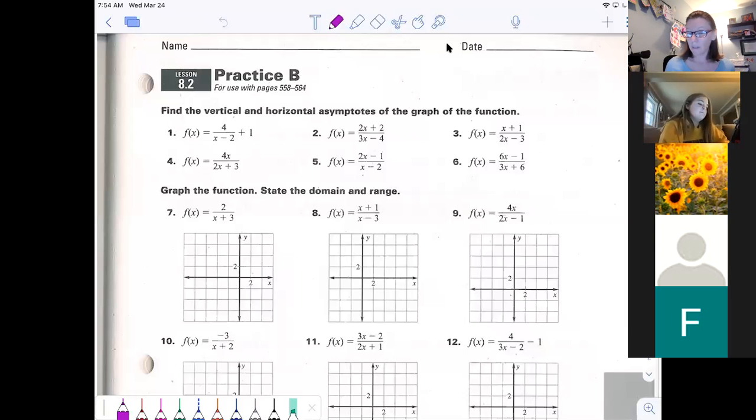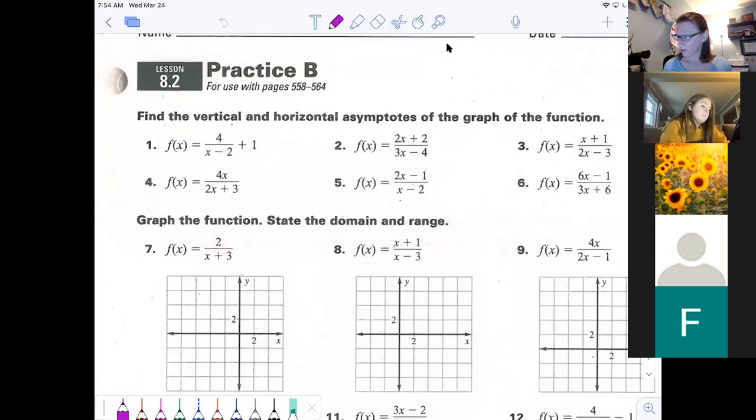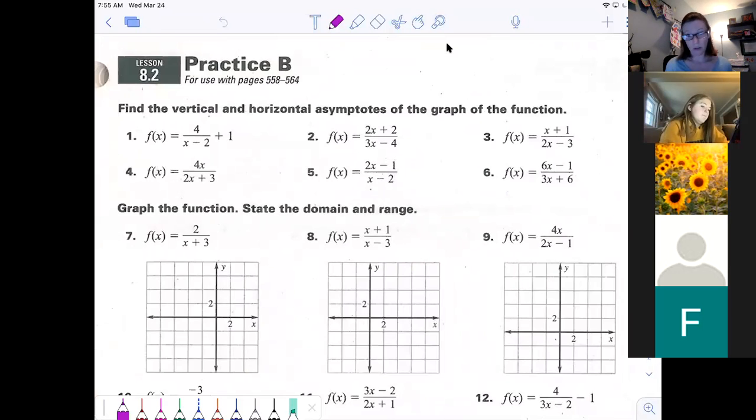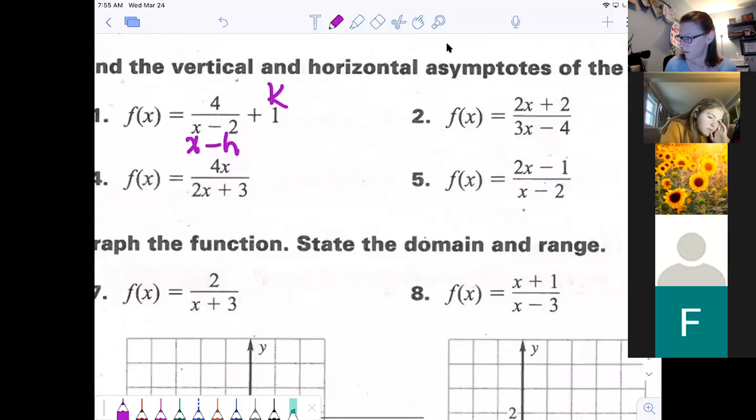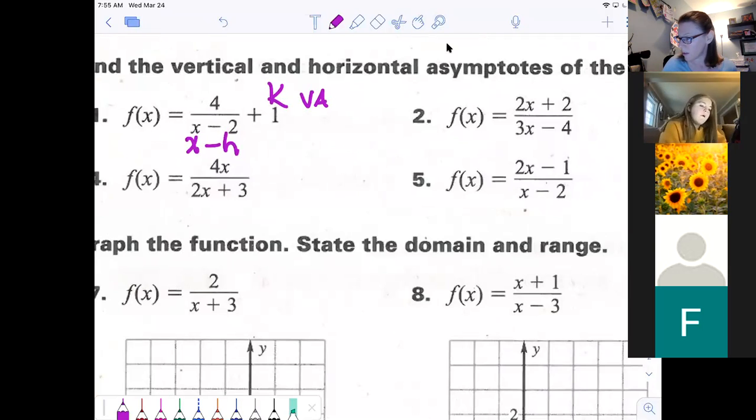So looking at the first 6 problems, find the vertical and the horizontal asymptote of the function. Notice number 1 is different than the other 5. So number 1 is the form y equals a over x minus h, plus k. Your vertical asymptote is at x equals h.